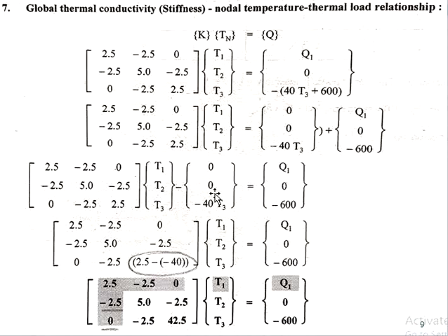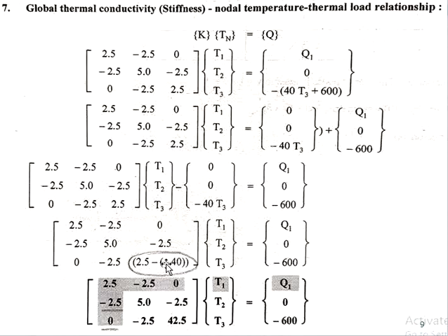After that, in the next matrix we club these two matrices. So this variable matrix T1, T2, T3 as it is, and minus 40 shifted to the last position because minus 40 is placed on the third row.